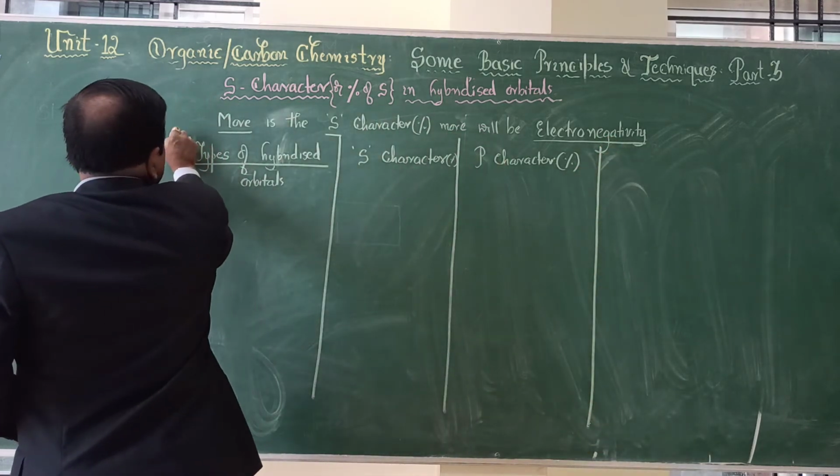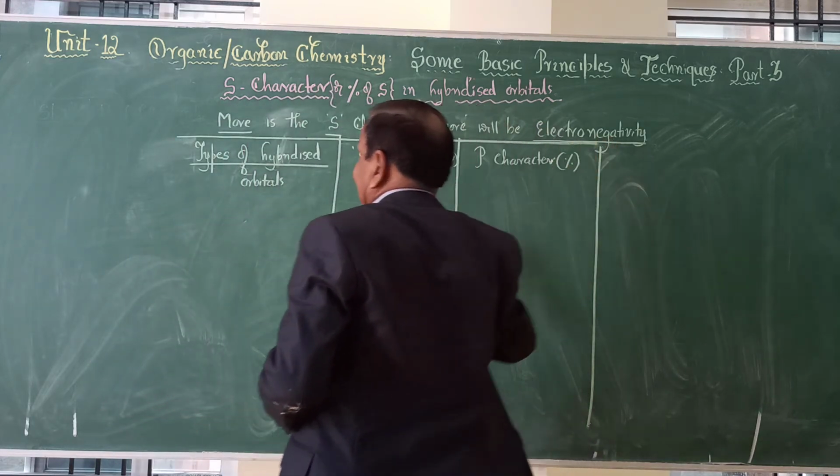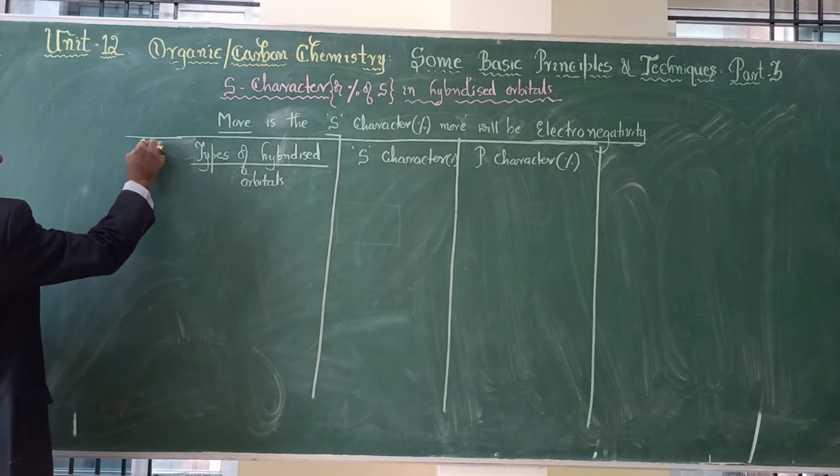So the types of hybrid orbitals will be 3. If you want, you can take serial numbers here also.